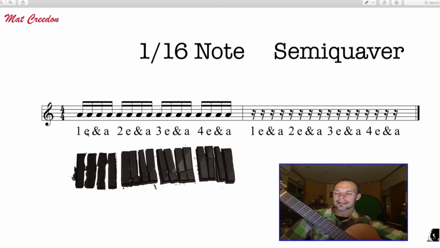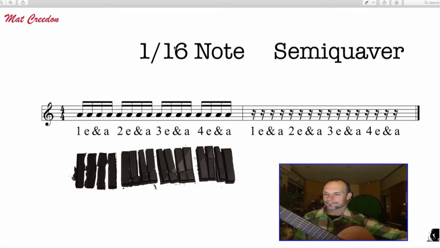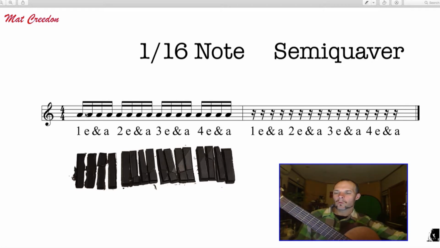It is counted 1 E and A. Now you don't say it that way, because that sounds a bit Australian, so you want to make it sound a little bit more English. 1 E and A, 2 E and A, 3 E and A, 4 E and A, and here is a playing description of it. 1 E and 2 E and 3 E and 4 E and 1 E and 2 E and 3 E and 4 E and so of course each note is 1/4 of a quarter. Okay, maybe I should leave it at that.